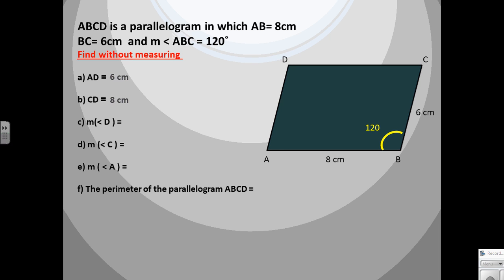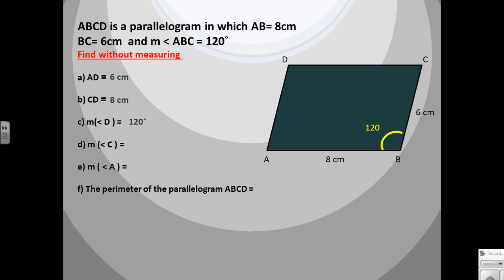Very good. What about the measure of angle D? Measure angle D is opposite to measure angle B. And as we know that each two opposite angles of the parallelogram are equal in measure, the answer will be 120 degrees. Okay, what about measure C? How can we find measure C? Yes, excellent.